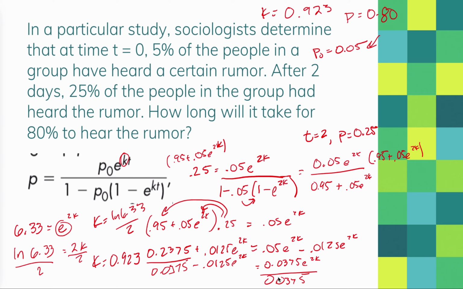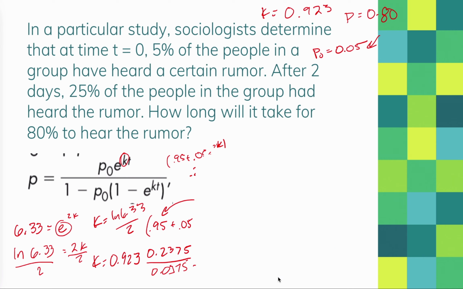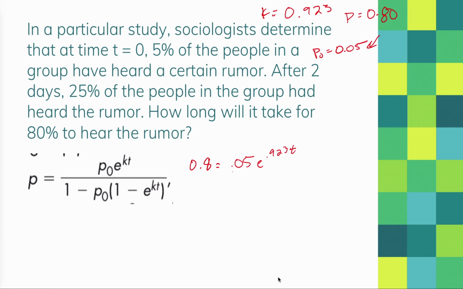And so, delete this so that now I have room. And so now this is 0.8 equals 0.05 e to the 0.923t over 1 minus 0.05 times 1 minus e to the 0.923t.